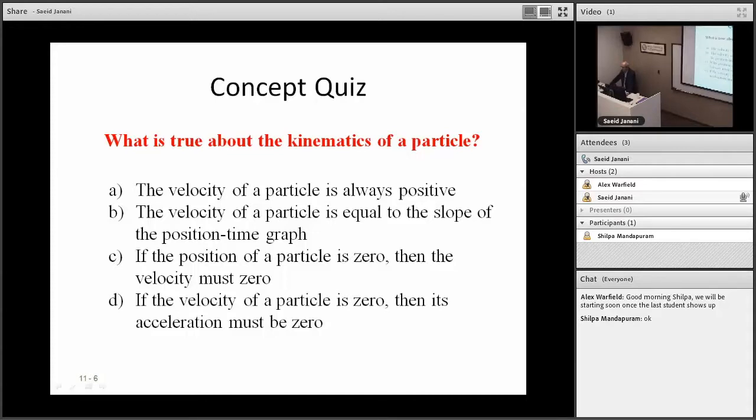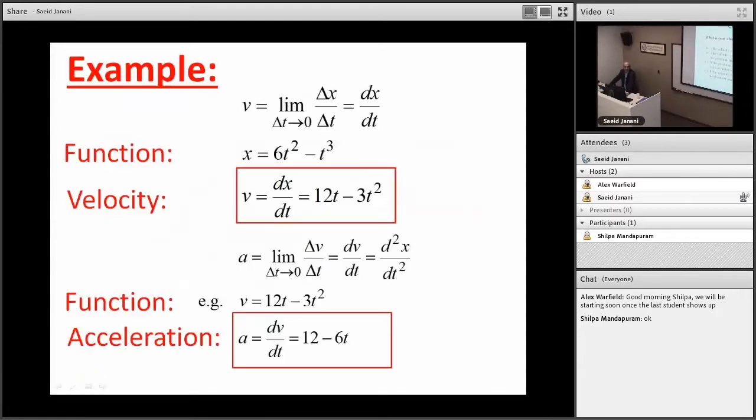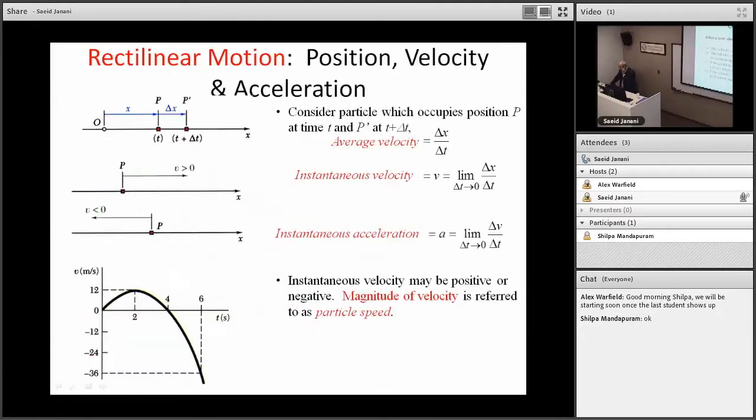Question: what is true about the kinematics of a particle? The velocity of a particle is always positive. No, it could be negative. The velocity of a particle is equal to the slope of the position time graph. Exactly. So slope is dx over dt.